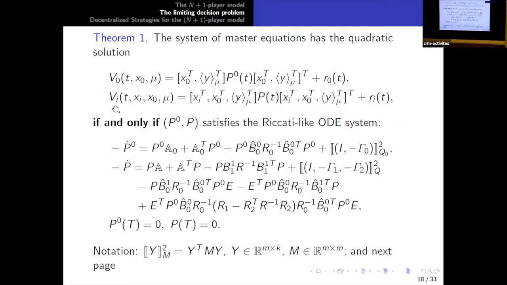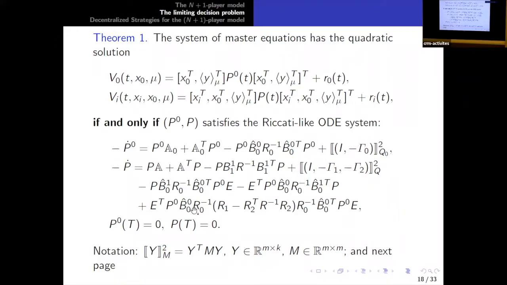We have the first theorem about the solution of the master equations or HJB equations. Here we have a necessary and sufficient condition to have a quadratic solution.